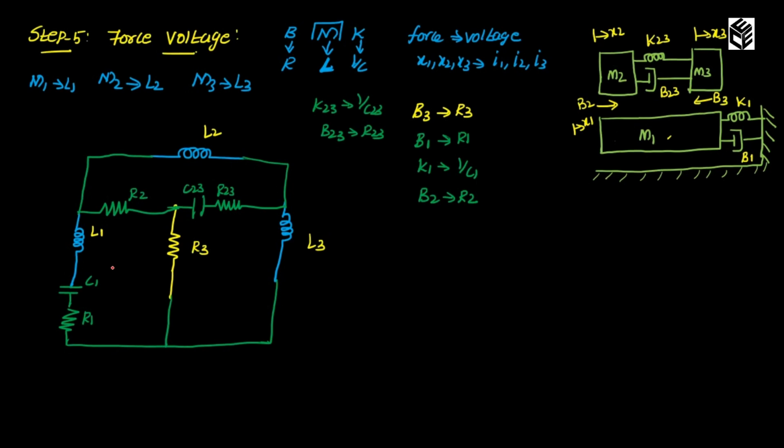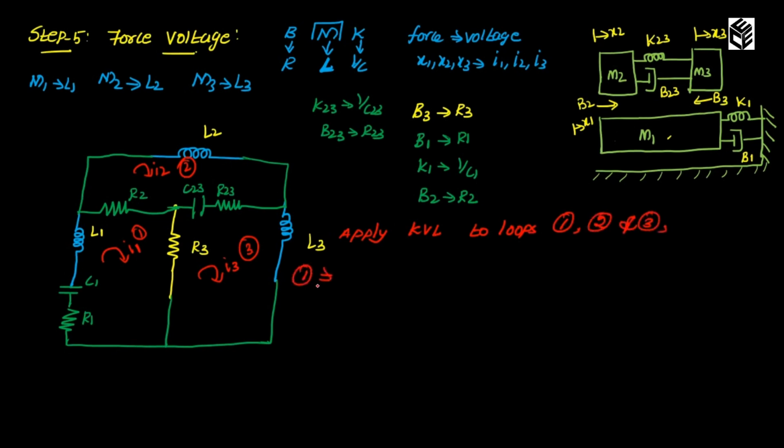In this circuit I am going to consider the current. I1 is the current flowing through the first loop, I2 is the current flowing through the second loop, and I3 is the current flowing through the third loop. Now I am going to apply Kirchhoff's voltage law to loops 1, 2 and 3.